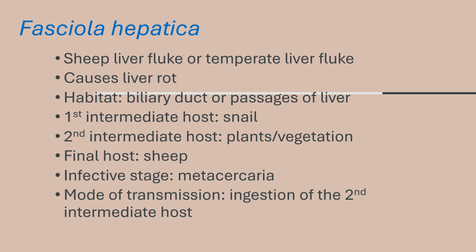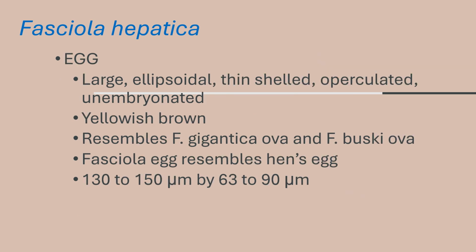The infective stage is metacercaria, and the mode of transmission is ingestion of the second intermediate host infected with the infective stage metacercaria, that is, ingestion of watercress or water vegetation that contains metacercaria.